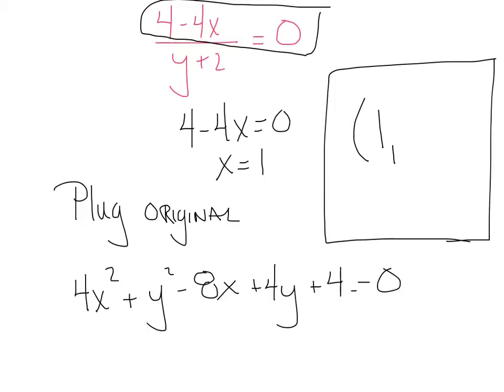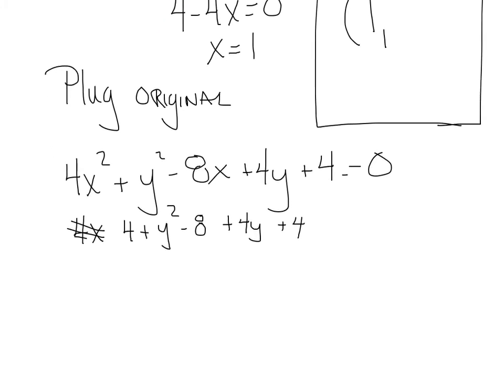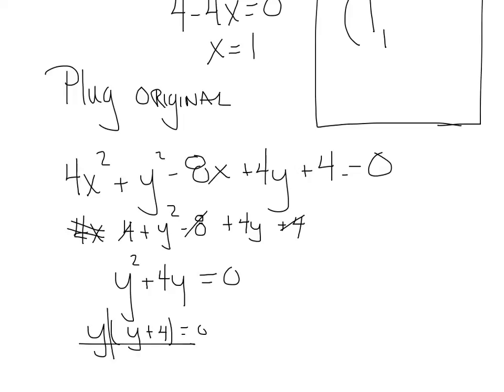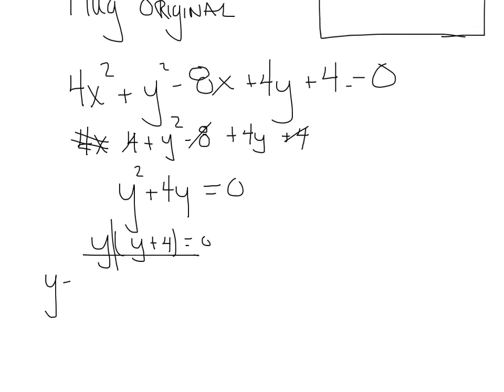Plug my 1 in, and I get 4 plus y squared minus 8 plus 4y plus 4. So as I continue to solve that, nice easy algebra, I get y squared plus 4y, because 4 minus 8 is negative 4, plus 4 is 0, equals 0. Nice little GCF, I can pull out a y, and I get y times y plus 4. Tee it up, and I get y equals 0, and y equals negative 4.